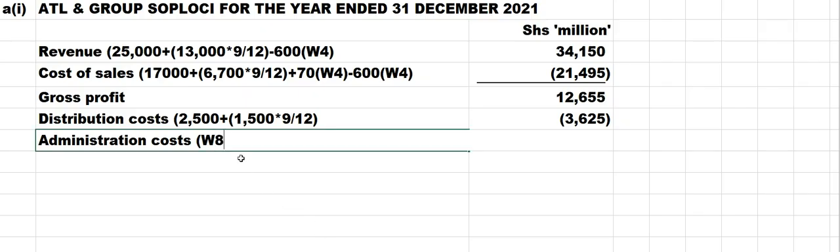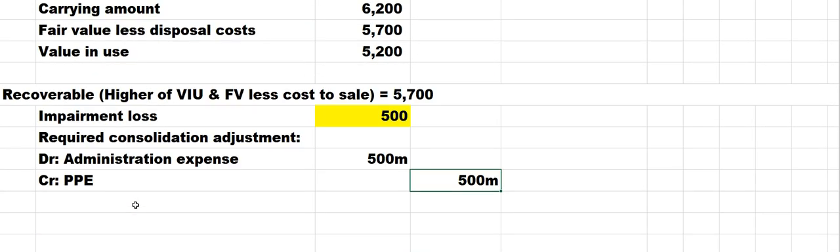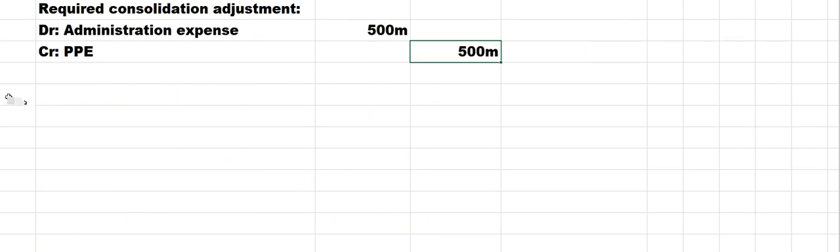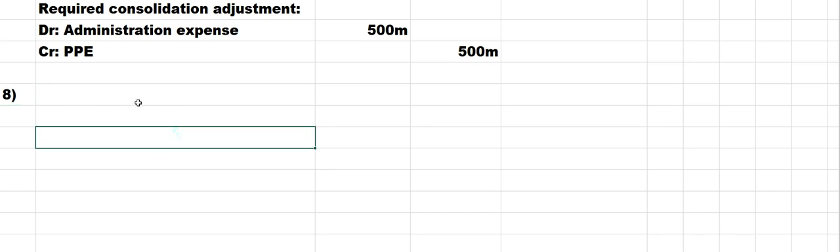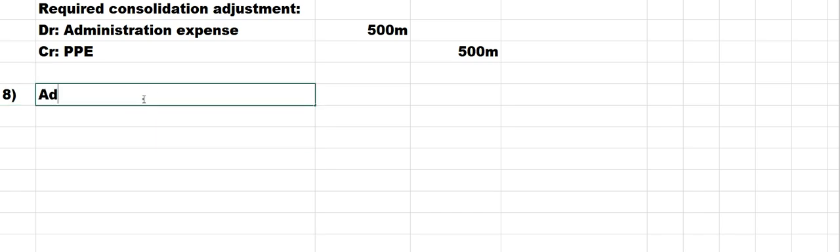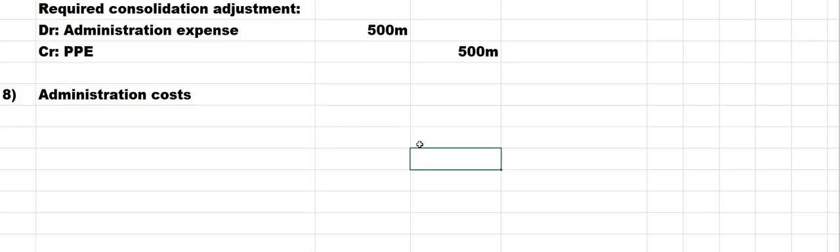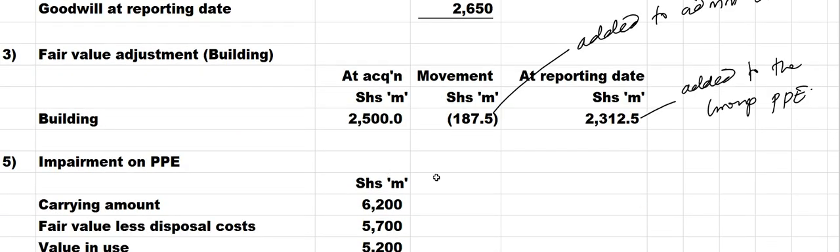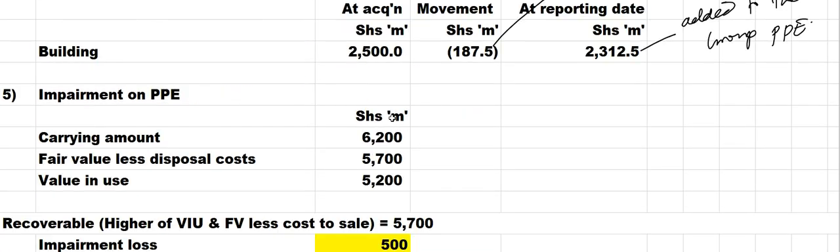Let's make it working 8. Administration costs.